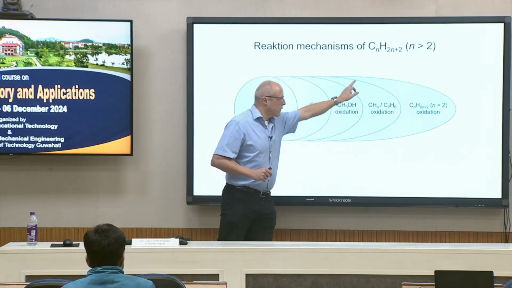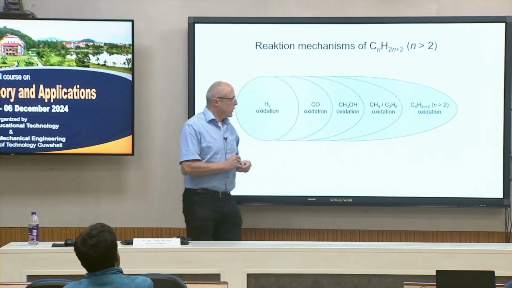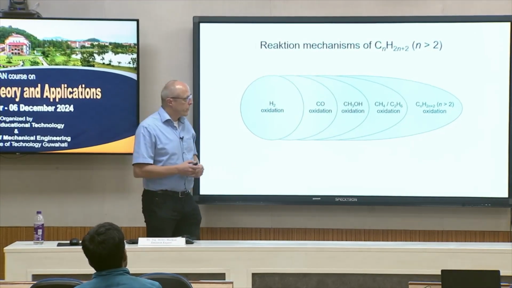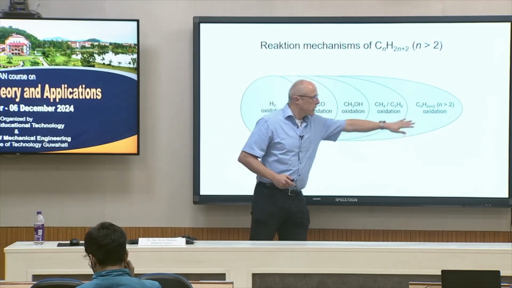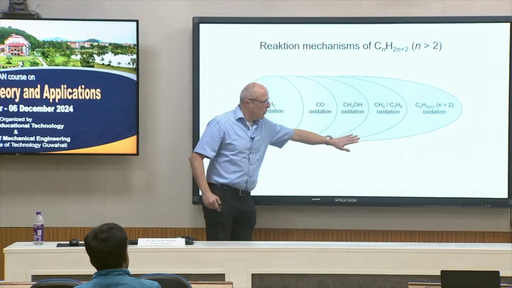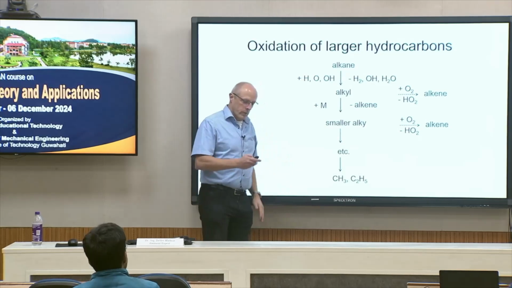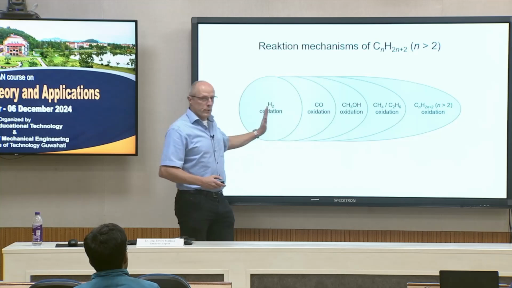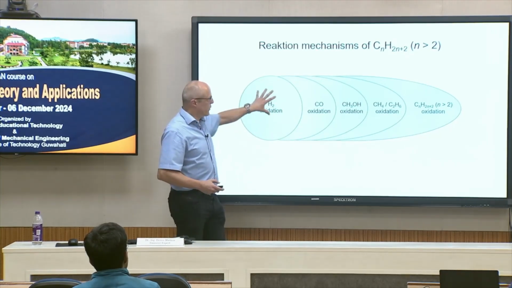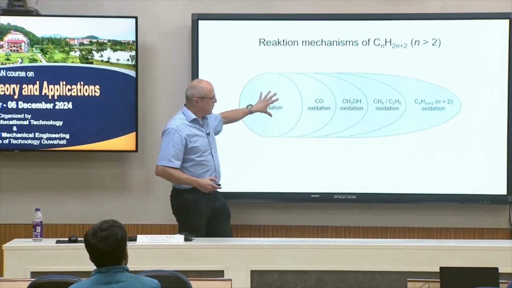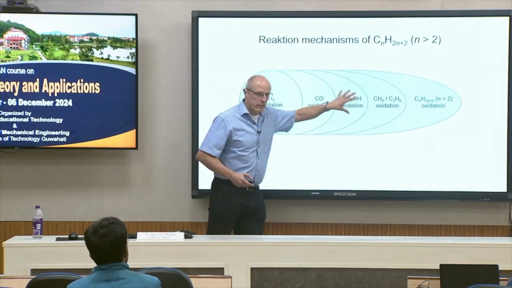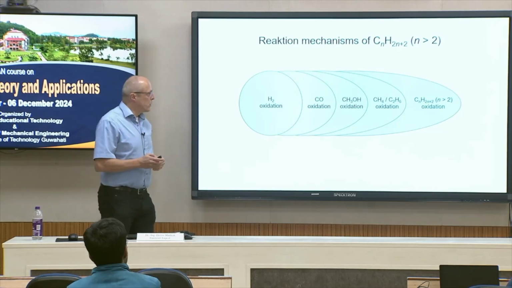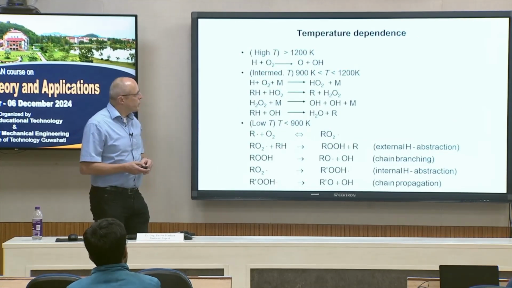And then we can add also this simple CH4, C2H6 oxidation. And finally, we have larger hydrocarbons. If we want to examine the larger hydrocarbons, we have to consider the rest here too. But if we know this part here, we can use this also for the other molecules. So we don't have to examine this again.